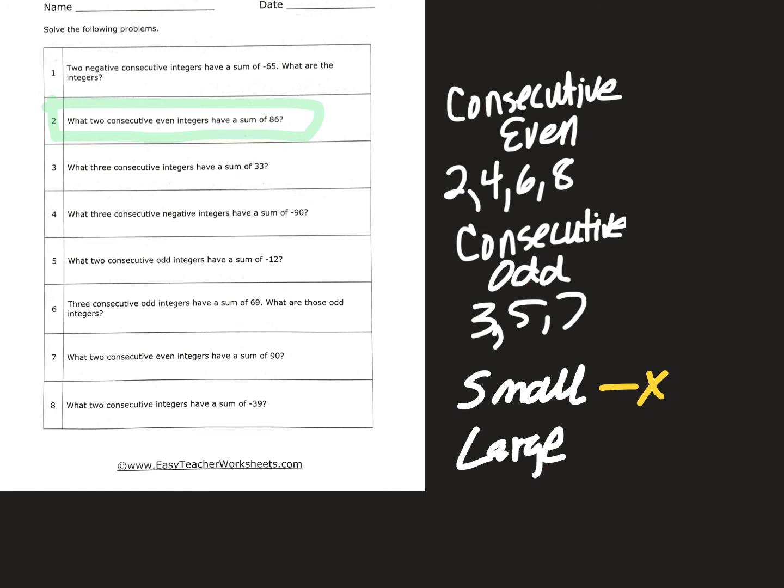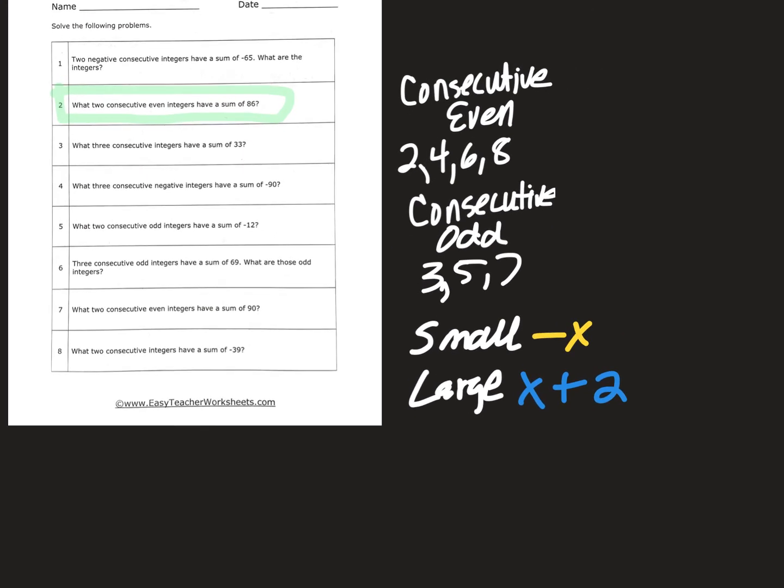In this case, it's asking for 2 consecutive even numbers, but Malik is right. Instead of going up to x plus 1, we're going to do x plus 2 because they're going up by 2 every time instead of going up by just 1. So the negative would be minus 2. Exactly.